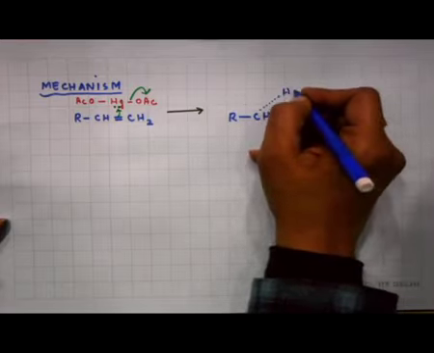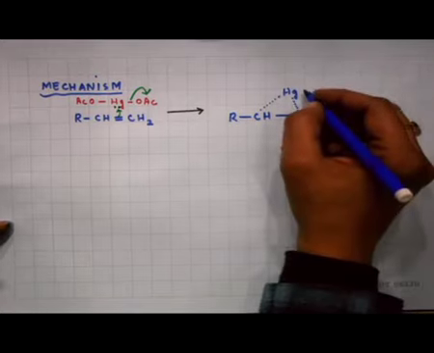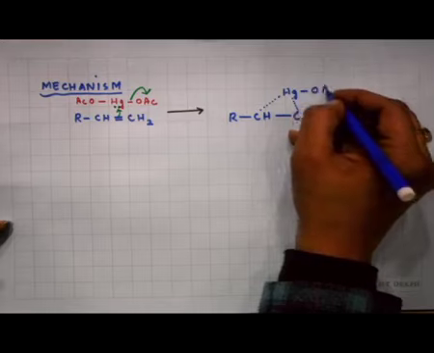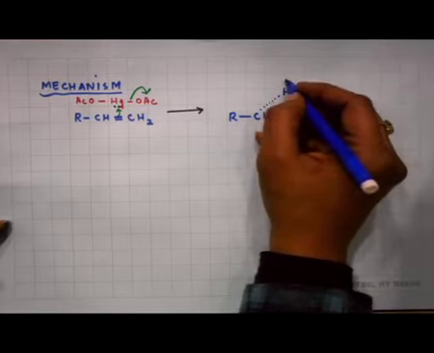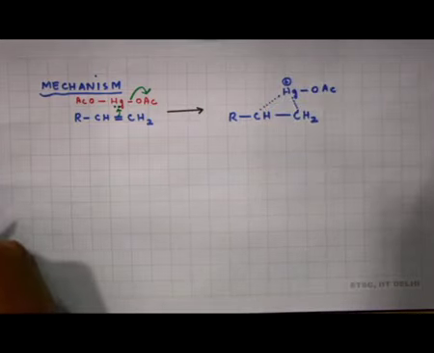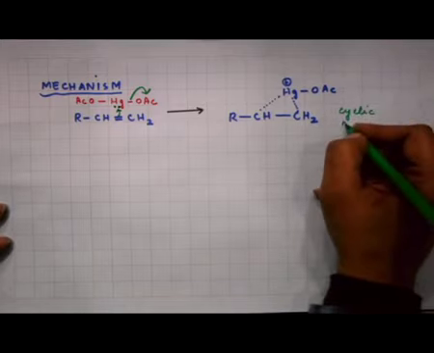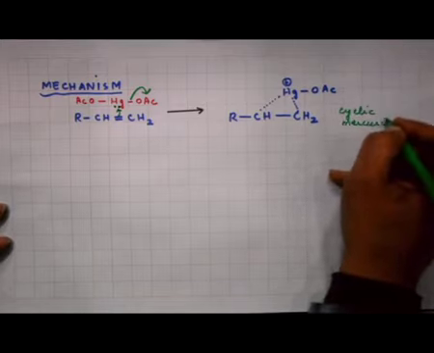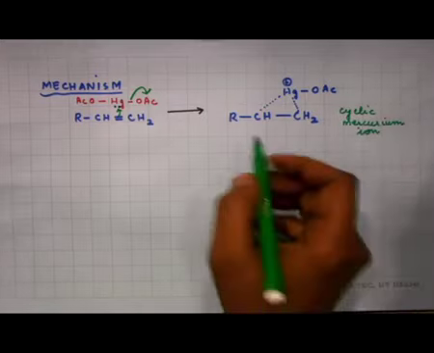You have the mercury, which is forming a cyclic 3-membered intermediate with the 2 carbons of the double bond, with this positive charge sitting with the mercury. This is a cyclic mercurium ion which is generated as the reaction intermediate.